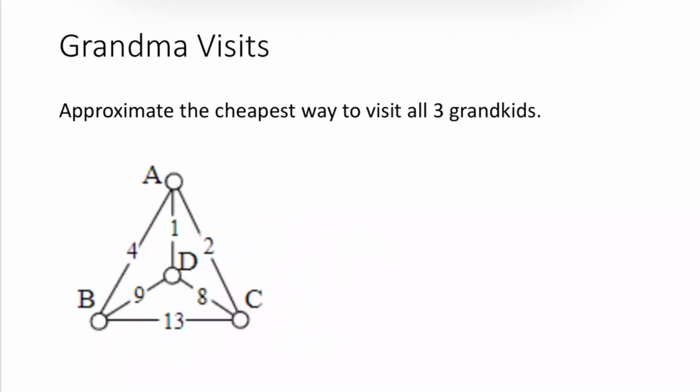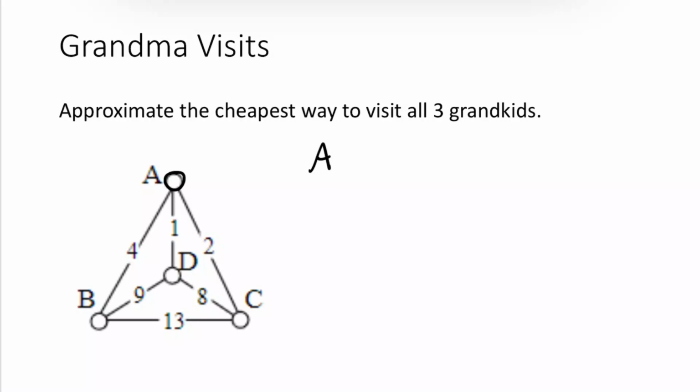So let's do the repeated nearest neighbor algorithm with this one. So I have 4 different vertices and I'm going to go through the repeated nearest neighbor algorithm with each vertex as my starting point. So let's start with vertex A for my first one. And if I look at all of the edges that go away from A, it looks like this one is the cheapest one.